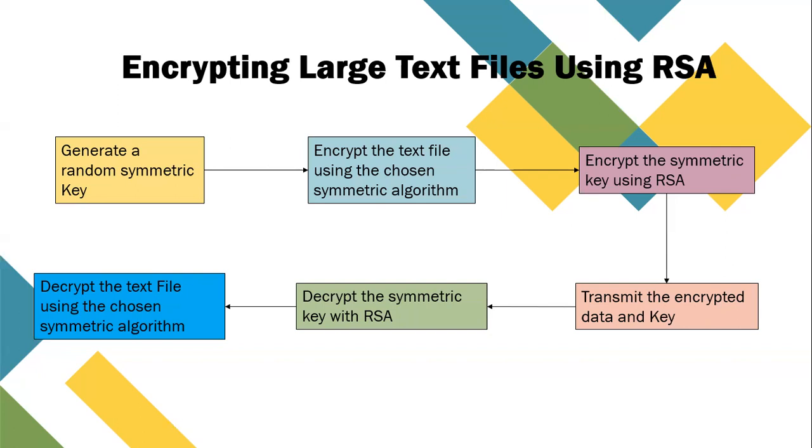As soon as they decrypt the symmetric key, they can decrypt the entire text file using the same symmetric algorithm which was initially used for encrypting it, which might be AES. And this is how a very large text file is encrypted using RSA. So basically, we are using two techniques in conjunction: one is RSA, and the other is the symmetric algorithm for encryption.